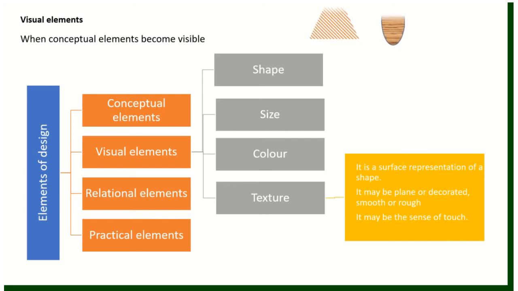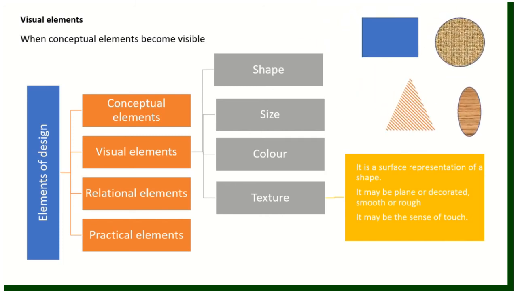If you see these elements, here it is a plain surface, right? This one is somehow decorated with some texture lines. This is like a rough surface. So the representation is different for these four shapes. The surface representation of a shape is nothing but texture.